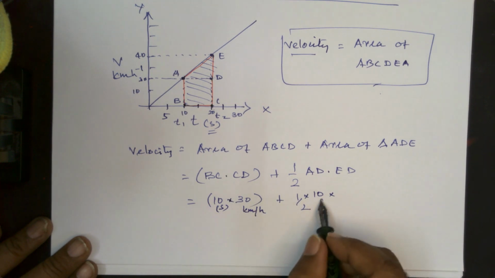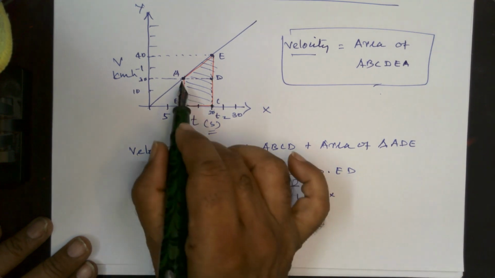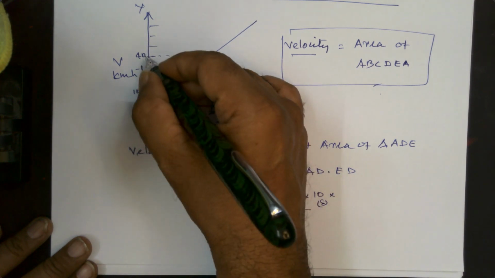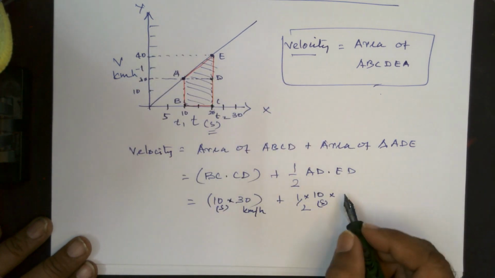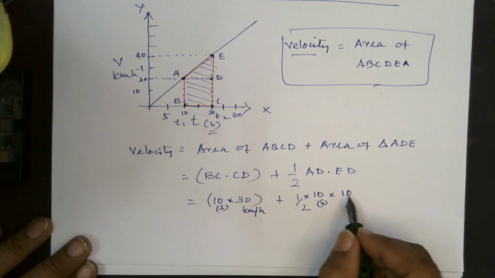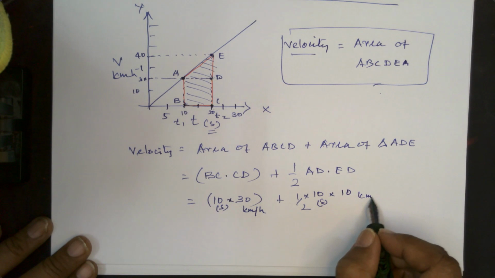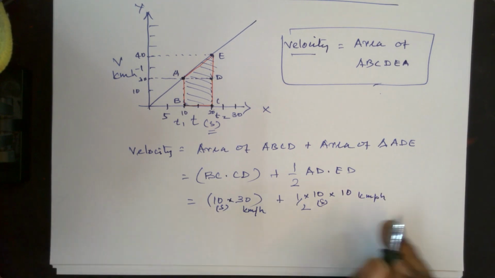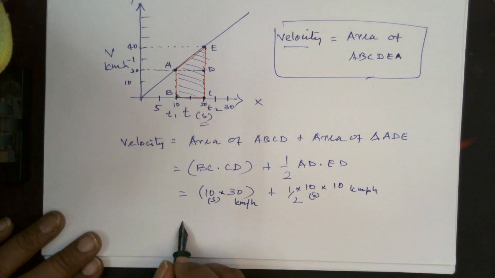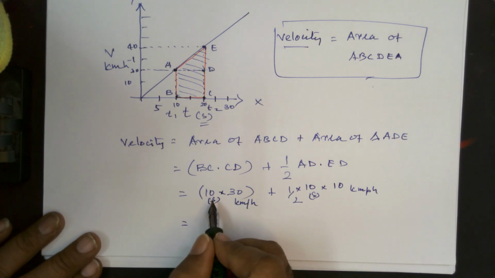And similarly 10 second, into height is 10, is it not? 30 minus 10, 40 minus 30, 10 again. Okay. So 10 kilometer per hour. But all should be in same unit. So you have to convert this. The 10 seconds should be converted into what?